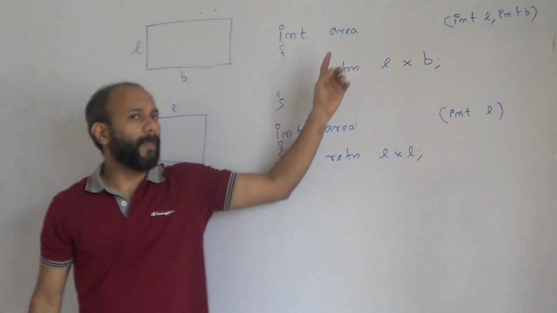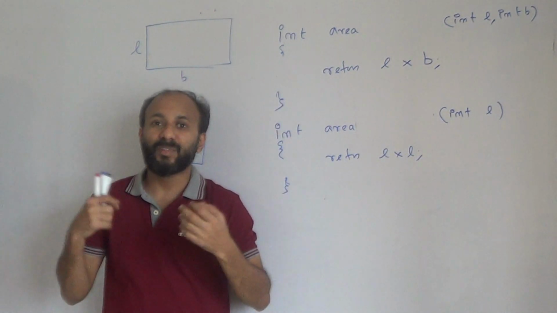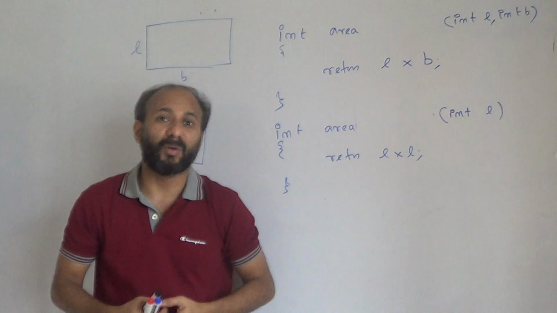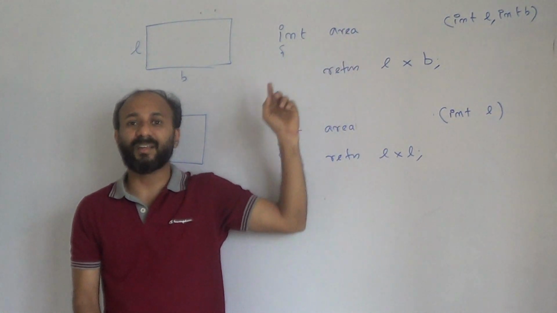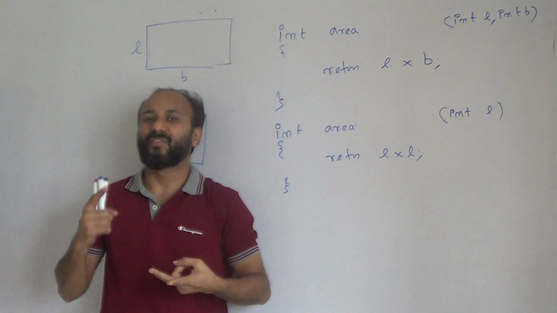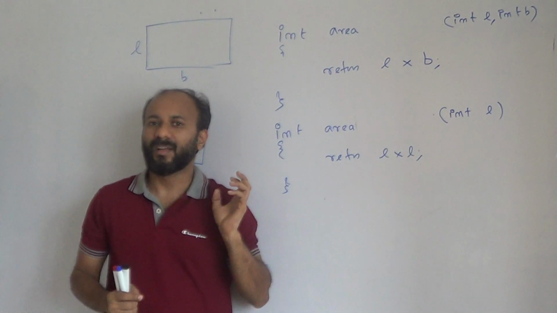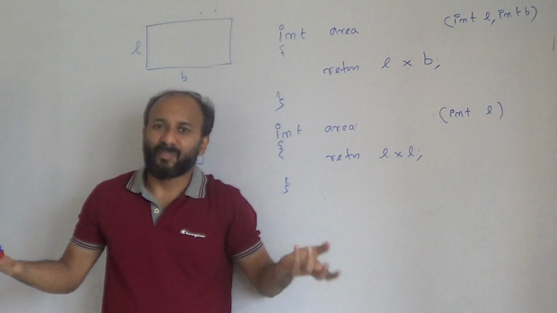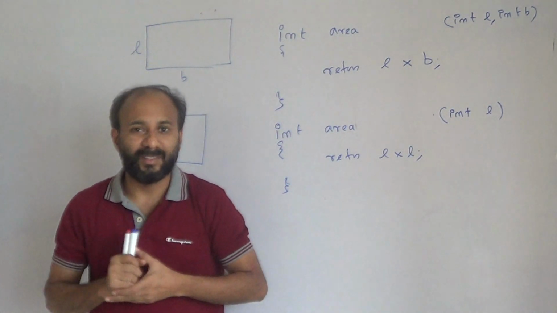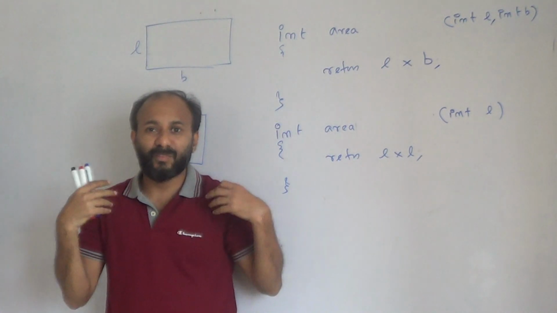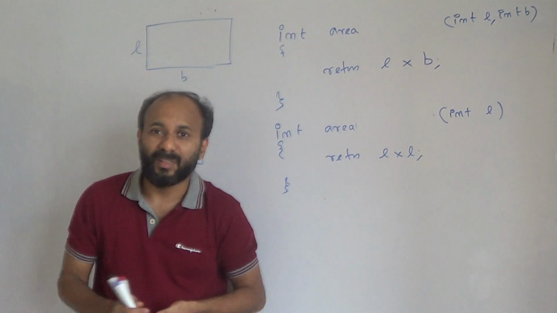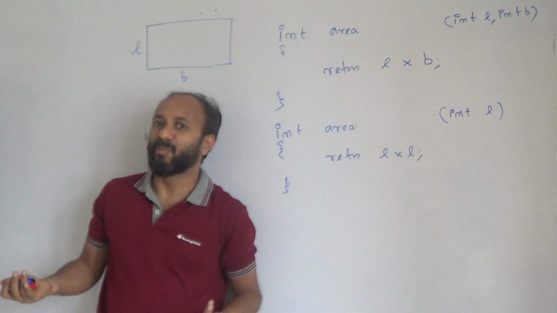Now you can see a single function name which is going to do multiple jobs. This function is going to calculate the area of a rectangle as well as the area of a square. Assume someone is telling you, do this operation, you do this, you go there for purchasing something. We keep on telling something to some fellow, and finally he will tell the boss, I am getting overloaded.